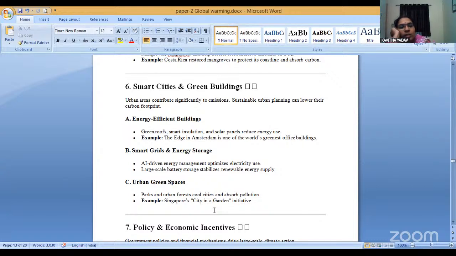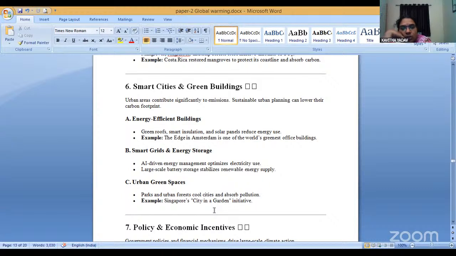Urban areas contribute significantly to emissions. Sustainable urban planning can lower their carbon footprint: energy-efficient buildings, green roofs, smart installations, and solar panels reduce energy use. The Edge in Amsterdam is one of the world's greenest office buildings.